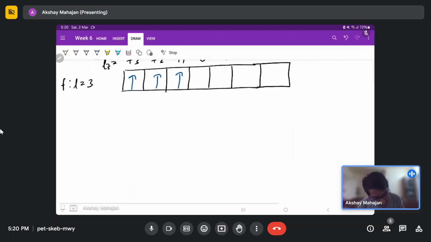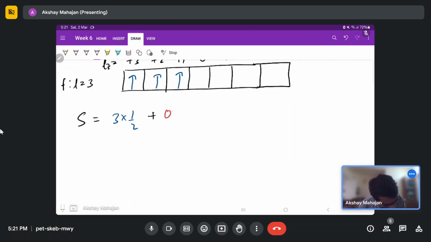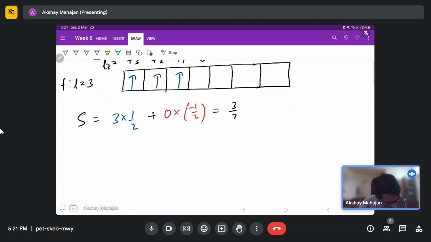So now in this case S will be equal to 3 times plus half, and 0 for minus half, so that gives us 3 by 2. Okay, so our S value is 3 by 2.